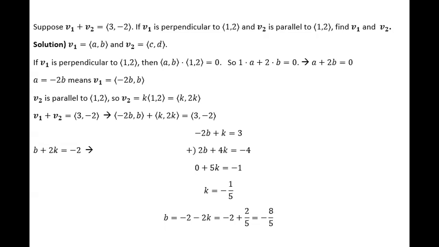We're almost there. So what's the final answer? Since V1 is (-2B, B), but B is negative 8 over 5, this will be (16/5, -8/5).